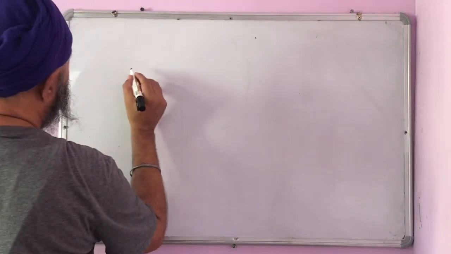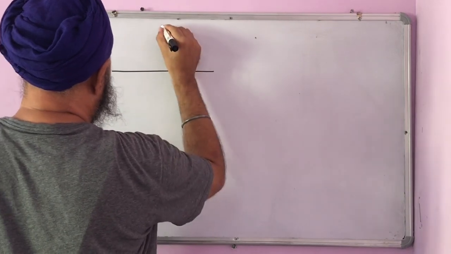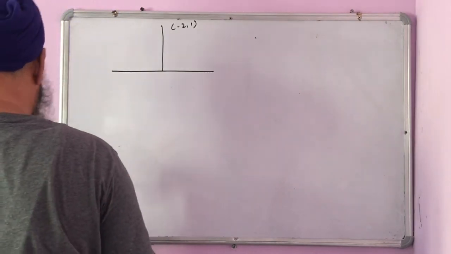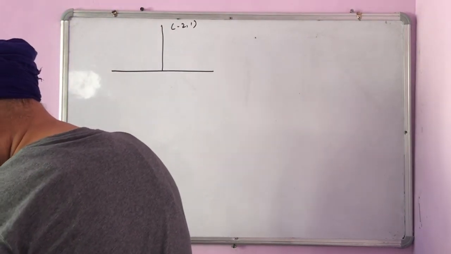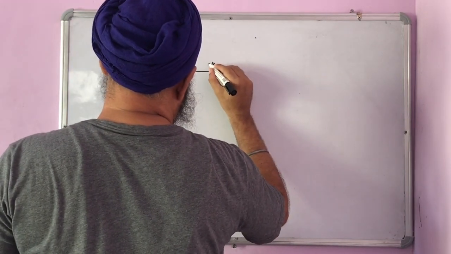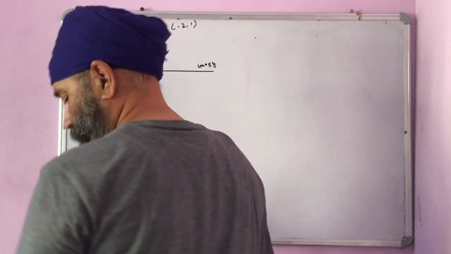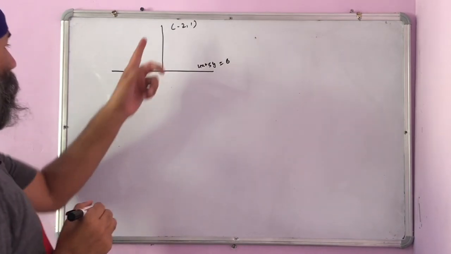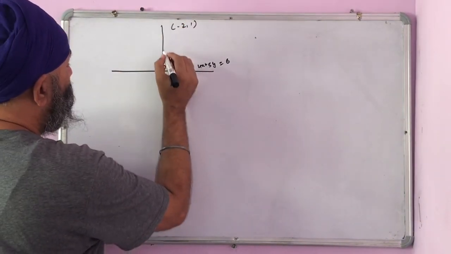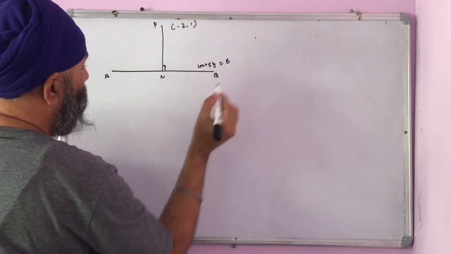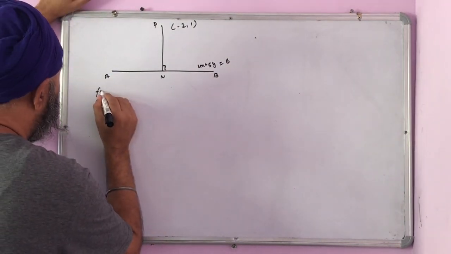Find the equation of the line passing through minus 2, 1, and perpendicular to the line 4x plus 5y is equal to 6. So we have to find the equation of this PN. It is perpendicular to AB.